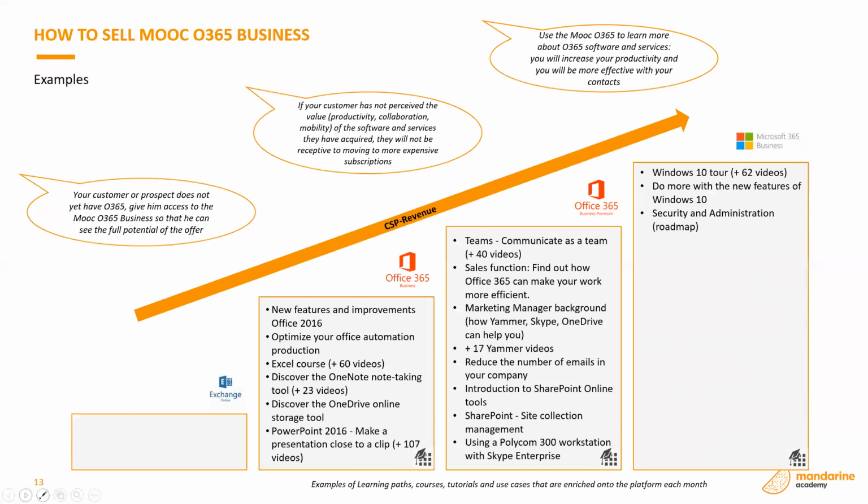So you can get people on this sort of ladder, if you will, by facilitating them with access to the platform, and then it helps them gain interest in the premium if they're on the Office 365 business, because they'll have access to the learning within the premium license. And indeed, they'll have access to the Windows 10 learning. So you're providing them with a whole learning environment, and you can encourage them to take those steps up the ladder or go to the next floor in their learning, and indeed increase your license sale and revenue.